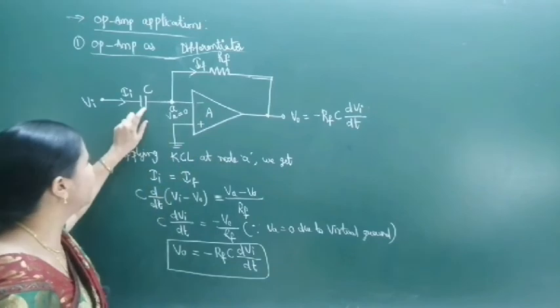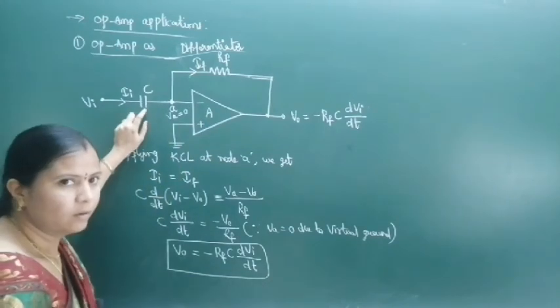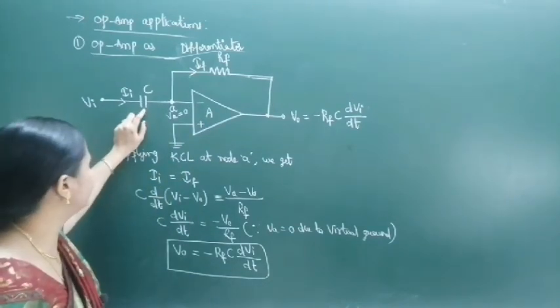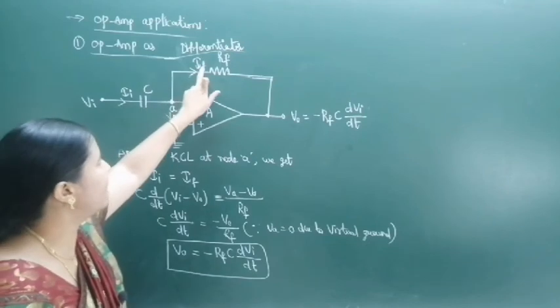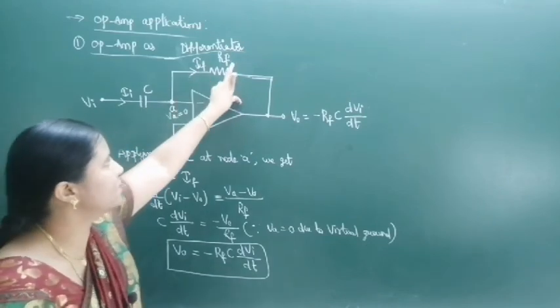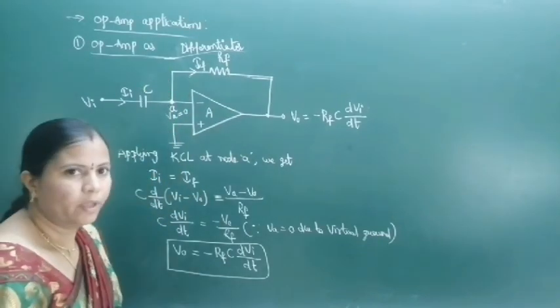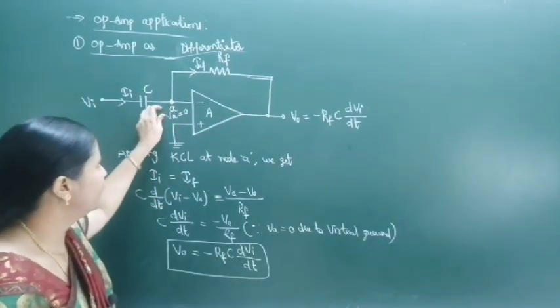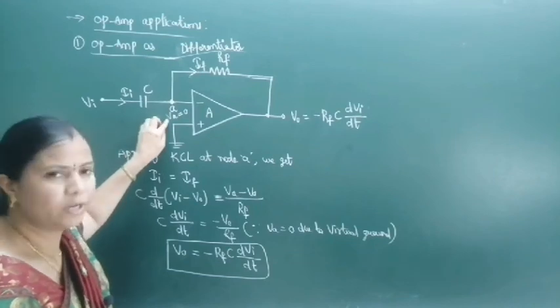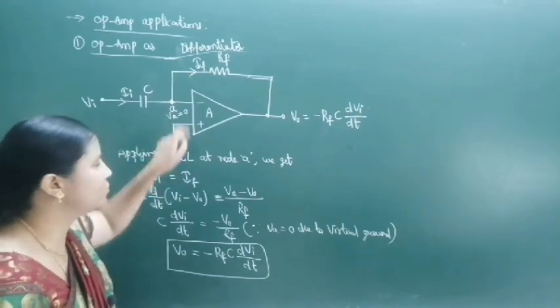This is the input capacitor, this is the feedback current, and this is the feedback resistor connected between the output and the input. There is a virtual ground concept at node A: the voltage at node A, VA, equals 0.